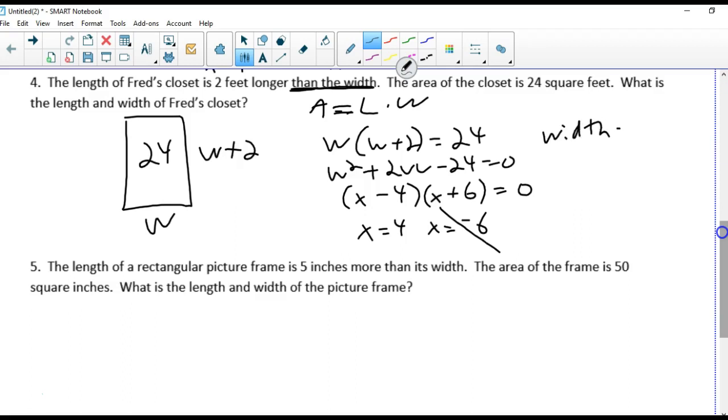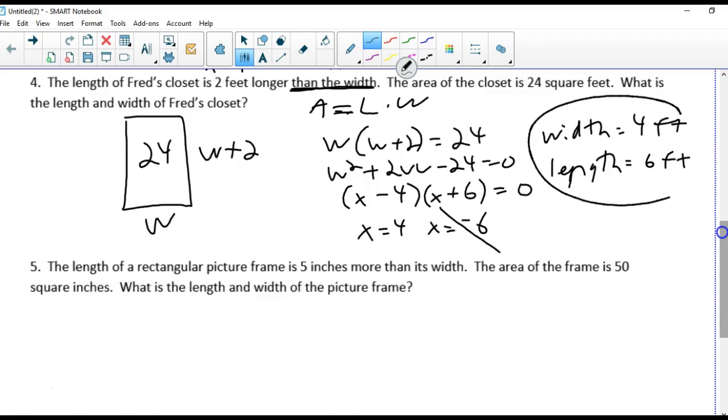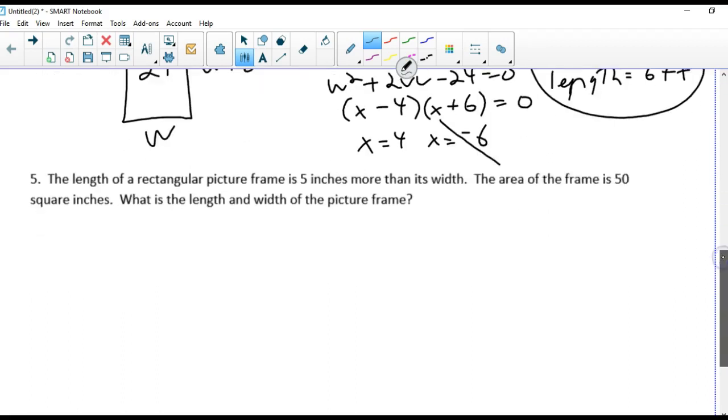The width is 4 feet, and the length is 4 plus 2, 6 feet. Once again, if this was not a word problem and I just said 2 consecutive even numbers, if the product is 24, same problem. The only difference is the answer is just the positives in the real world.